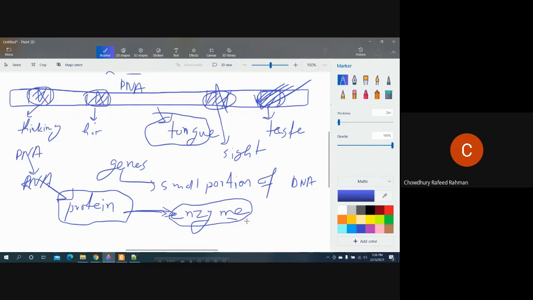So to understand the functioning of our body, we need to understand how RNA is formed from DNA, and how protein is formed from RNA, and how enzyme is formed from protein. So it's a long thing, I think. But we don't need to remember the details here. The thing we need to remember is the basic concepts behind these things.